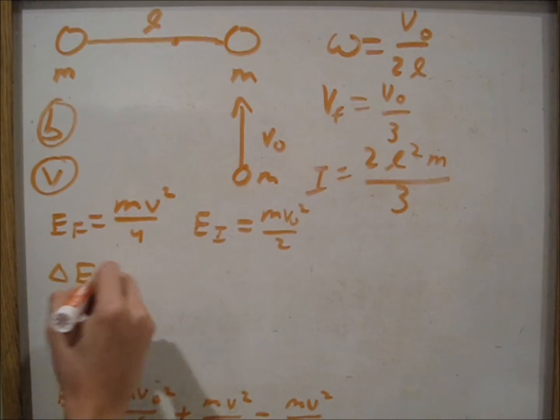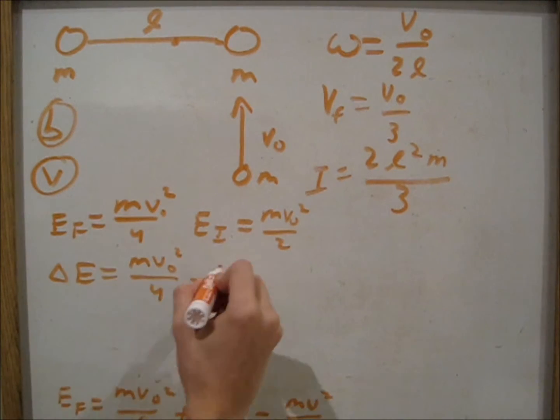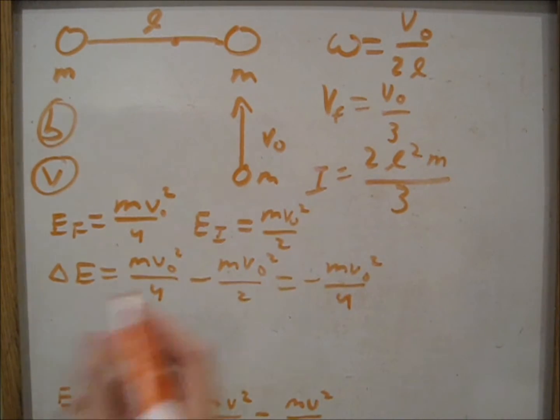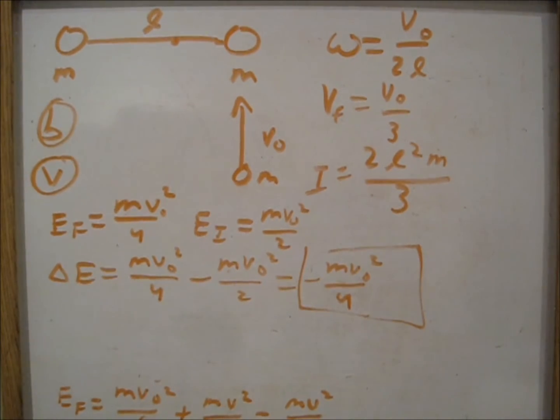E initial is simply the kinetic energy of the flying lump. Plug in the values, and the difference should be negative mvo squared over 4 joules.